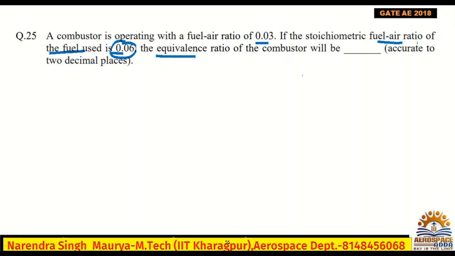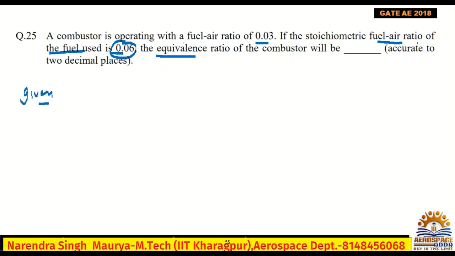So stoichiometric fuel air ratio means there should be a proper composition of the fuel and air, so it becomes ideal and all the 100% fuel particles will be burnt. Okay, so I'll write this.